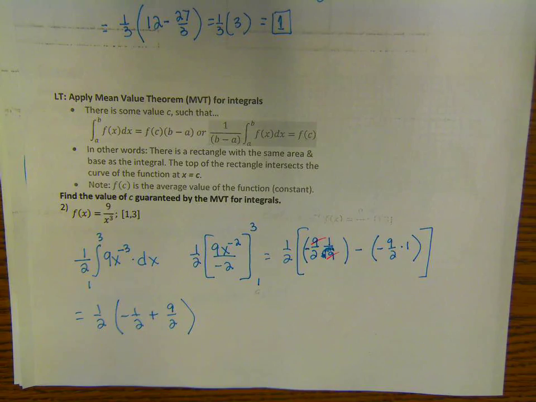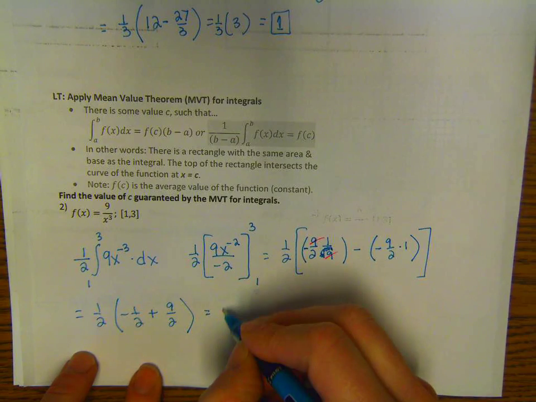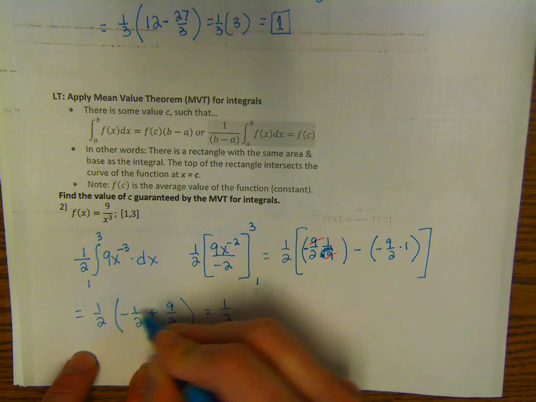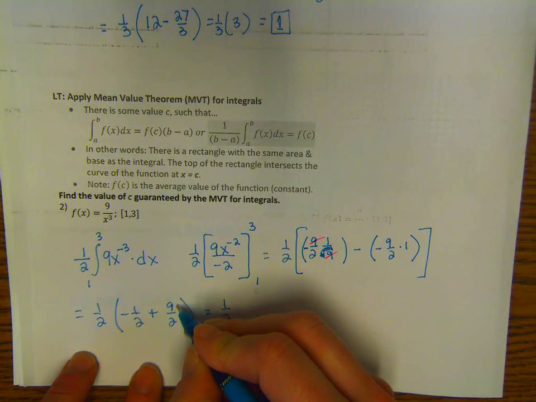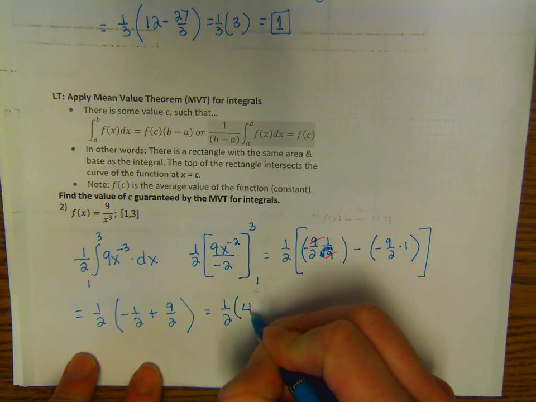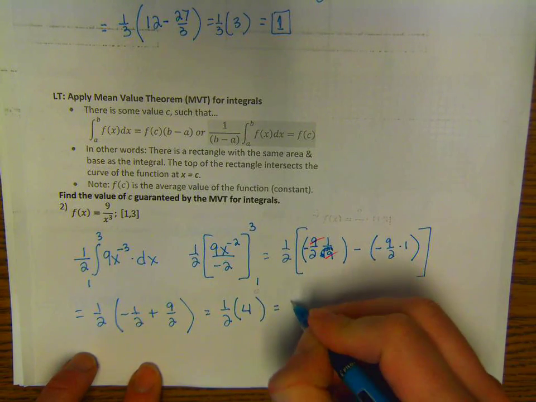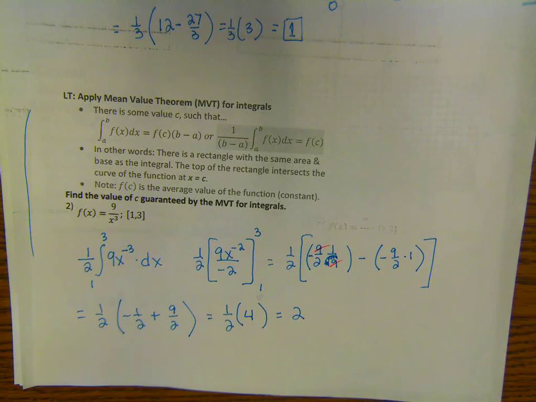What's negative 1/2 plus 9/2? 8 over 2, which is 4. So negative 1/2 times negative 4 would be 2, never mind. So it's 2.